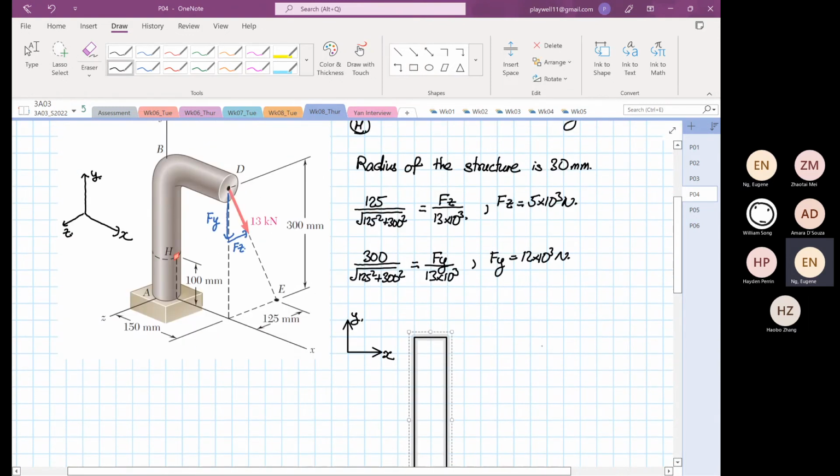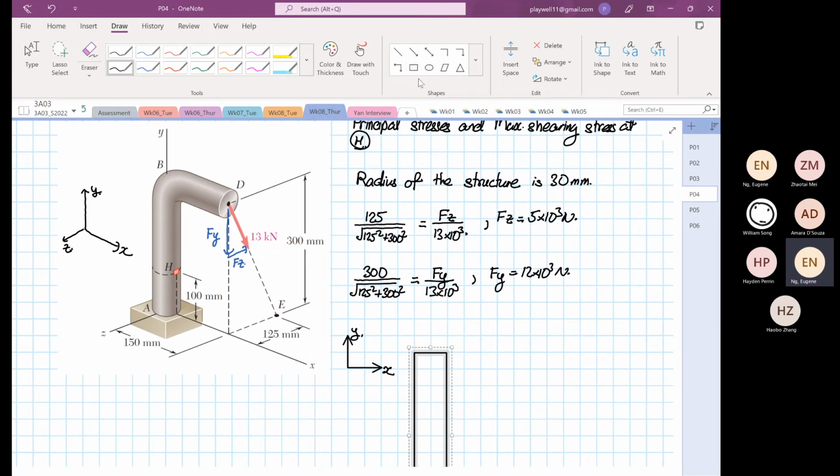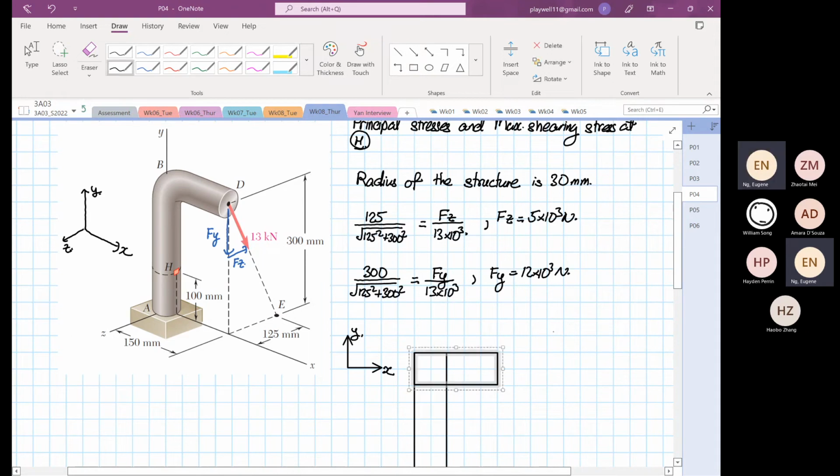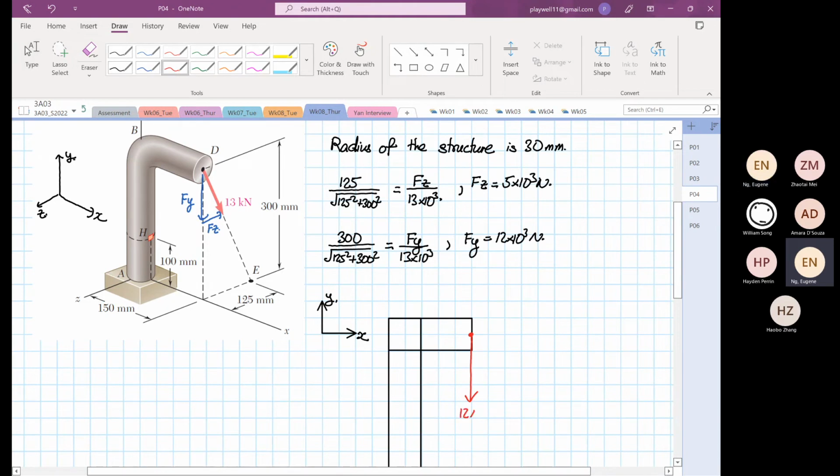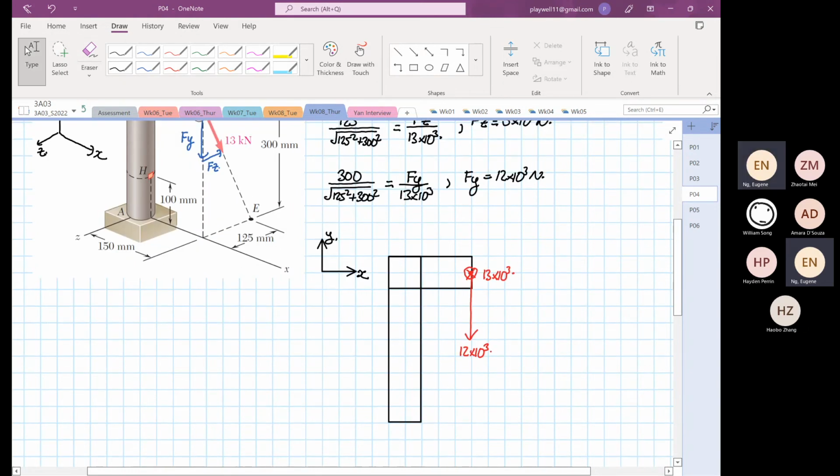Then we have a force coming down, which is 12 times 10 to the power 3, and a force going this direction, which is 13 times 10 to the power 3, and then we have our element H. At that view, that's our element H.